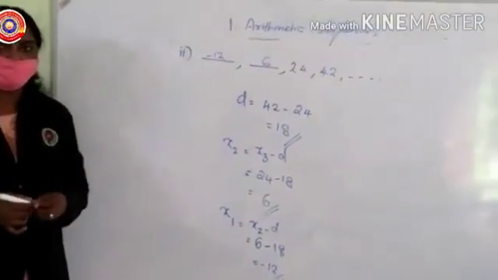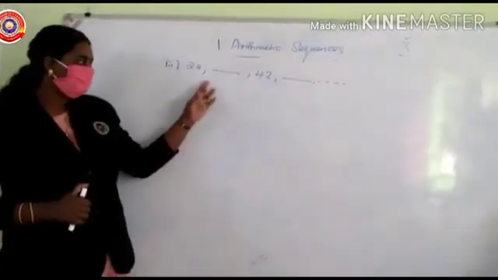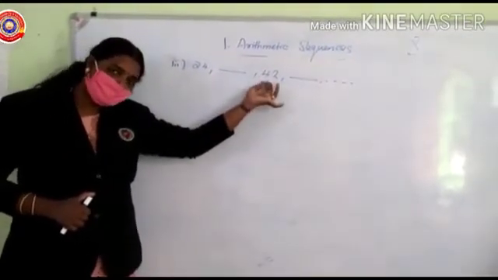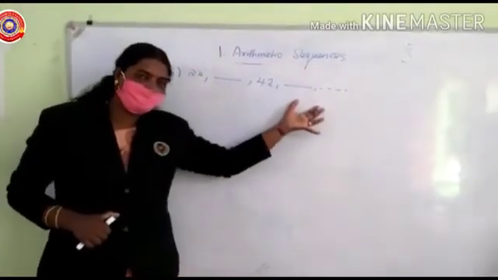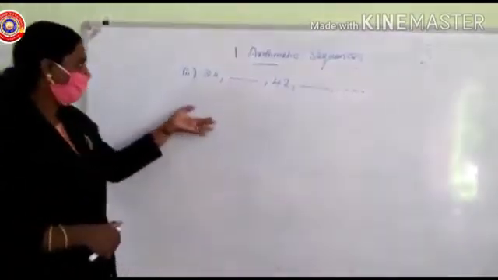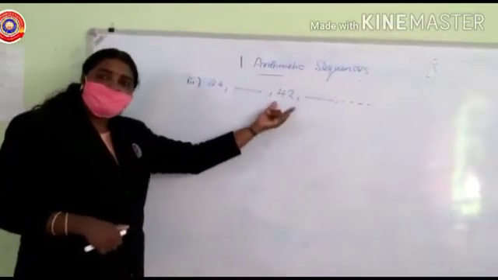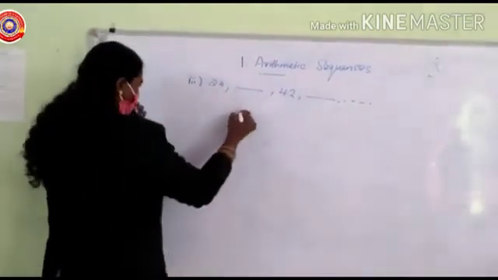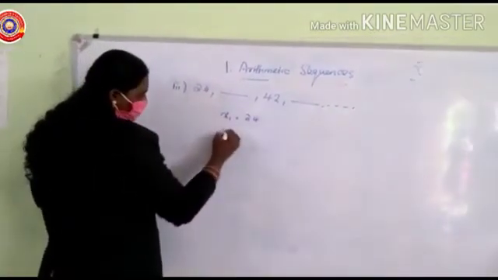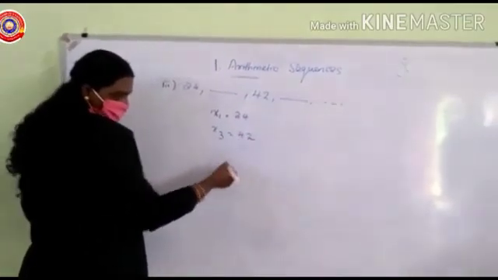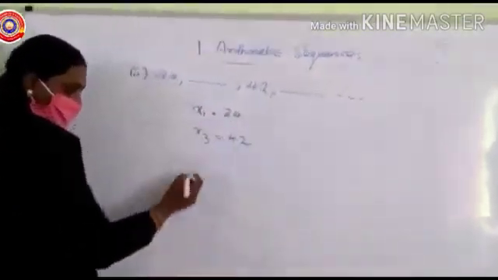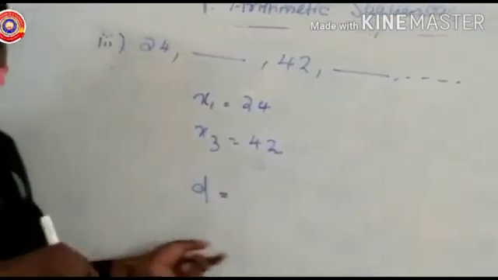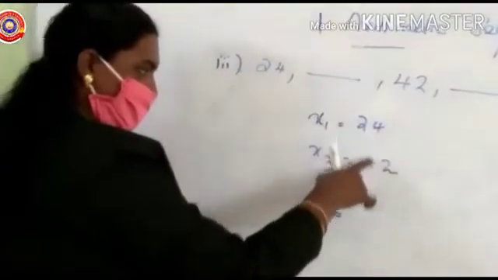Okay. Next, the fourth question. Here, the first term and the third term are given. That means two distinct terms of the arithmetic sequence are given. We have to calculate its second term and fourth term. So how do we find the common difference here? Yes, we have to calculate the common difference by using the formula term difference by position difference. d equal to third term minus first term.